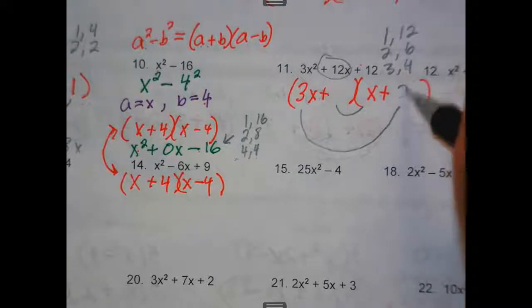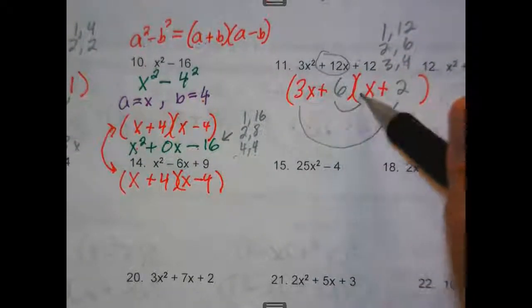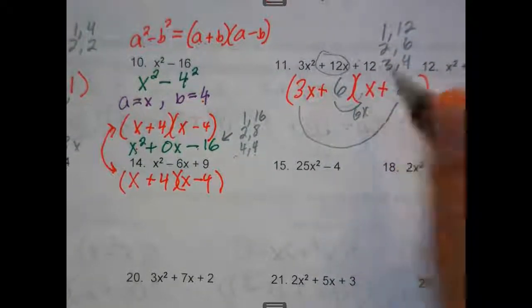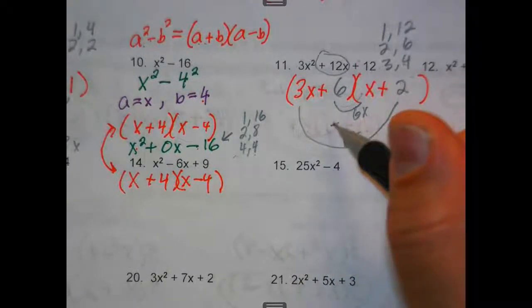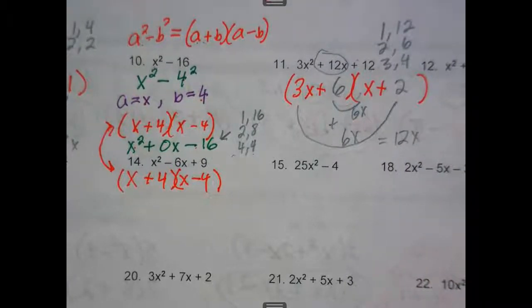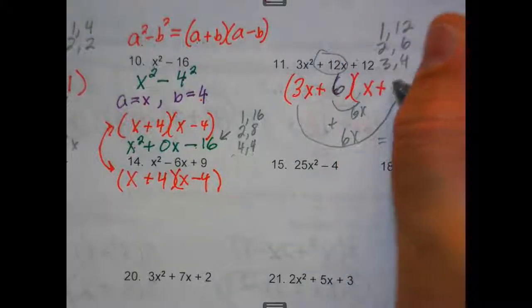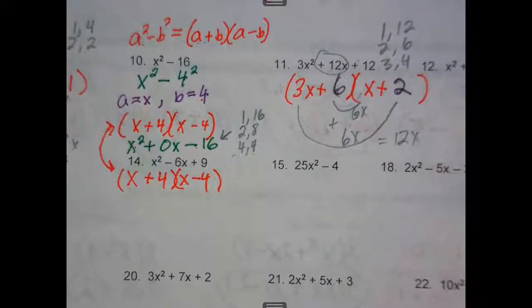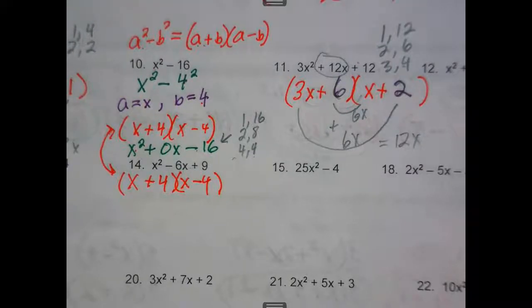So you want the 2 over here and the 6 here. Okay, let's try it. 6x here. 3 times. Very good. 6x plus 6x is 12x. That's it. 6 and 2. These can get really tough.